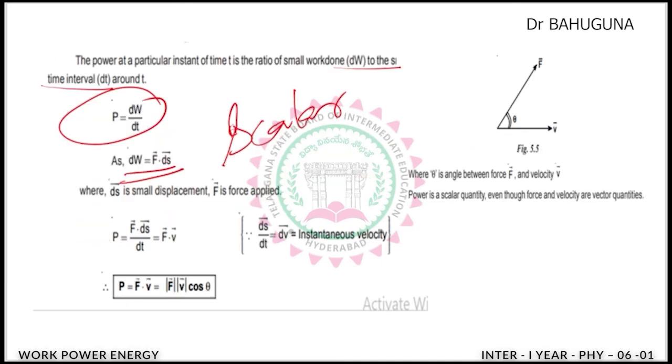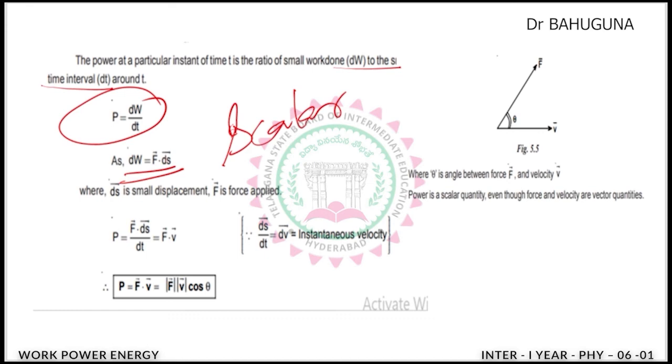The power at a particular instant of time is the ratio of work done to the time interval dt around t. So, power is equal to dW by dt, where dW is equal to F bar dot ds bar. Now, ds is a small displacement and F is the force applied.